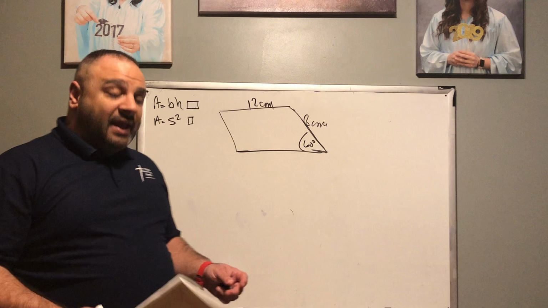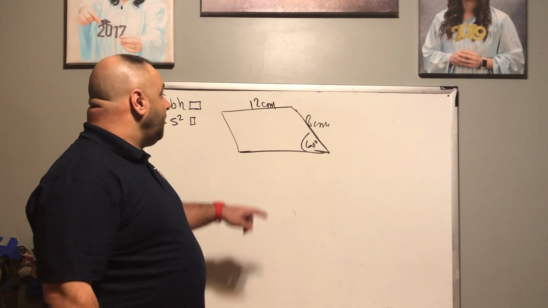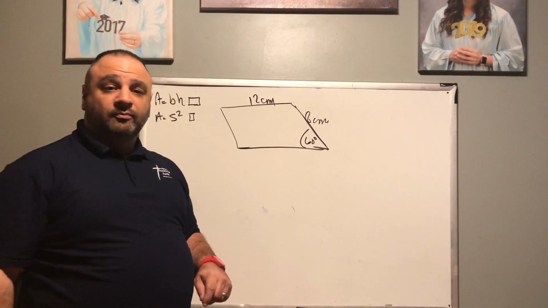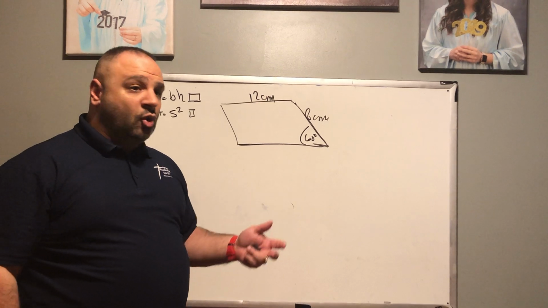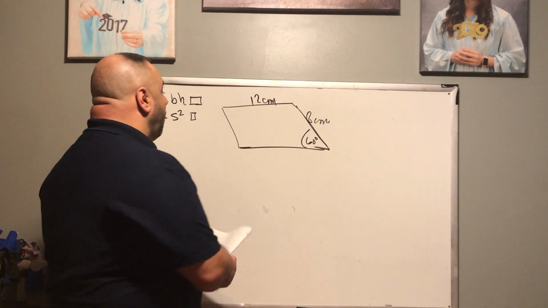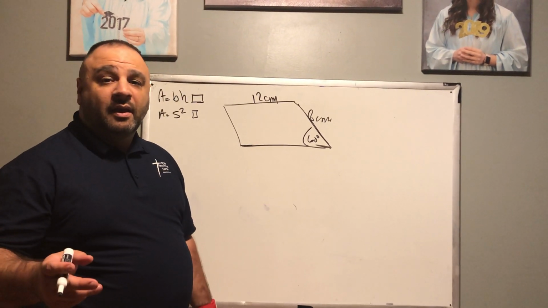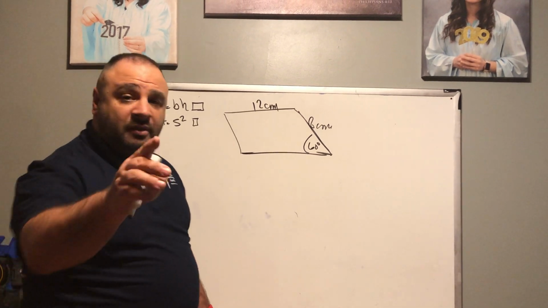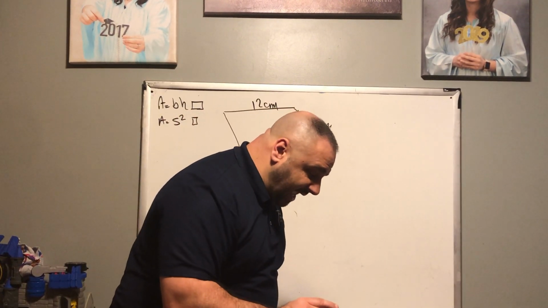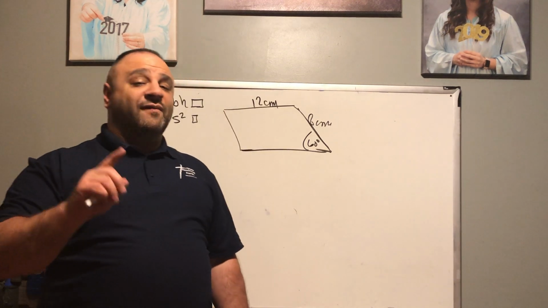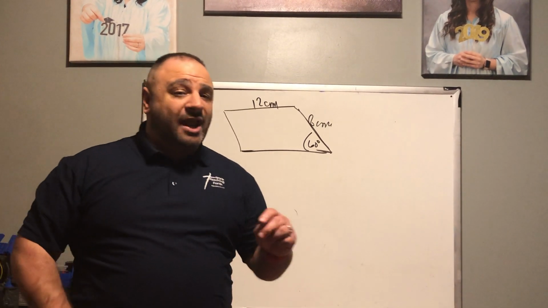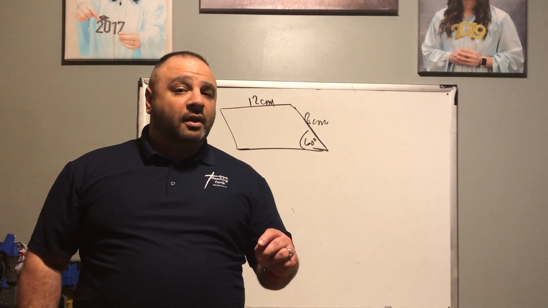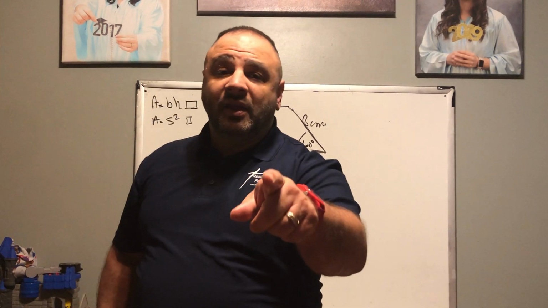All right, so now, what do I need to do here? Okay, let's pay attention here. Let's read the question again. Find the area. So in order to find the area, we need to have what element in our equation? We need to have the height or the altitude.